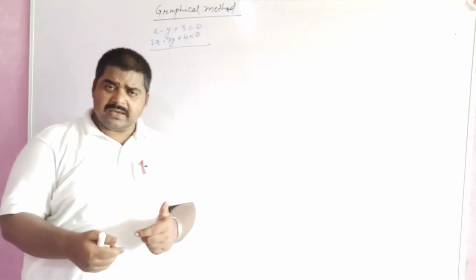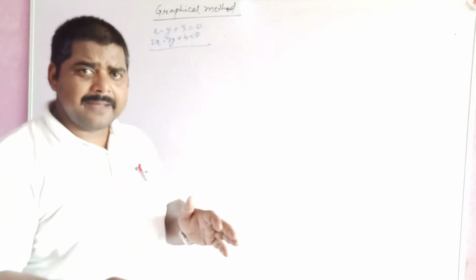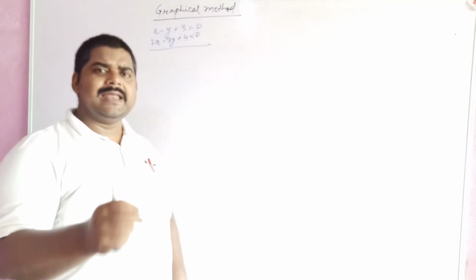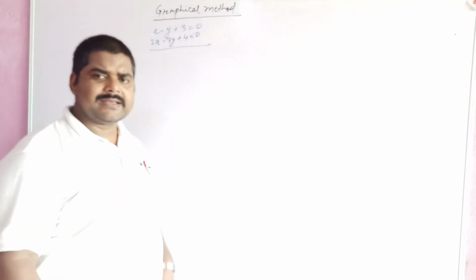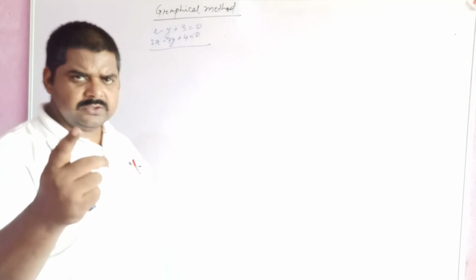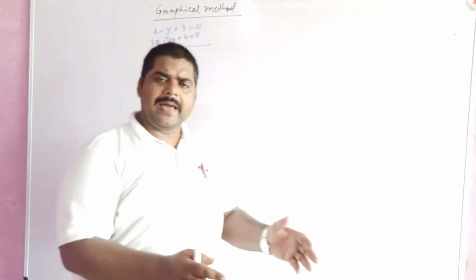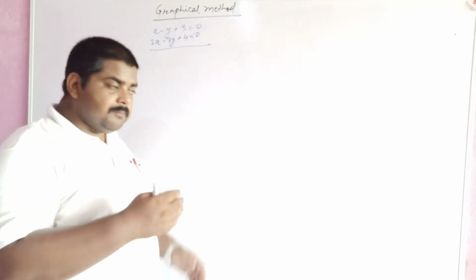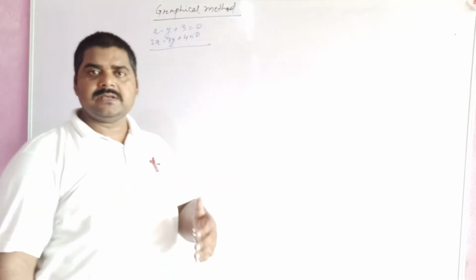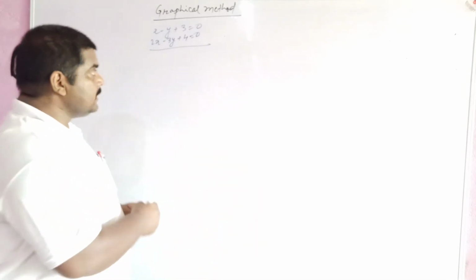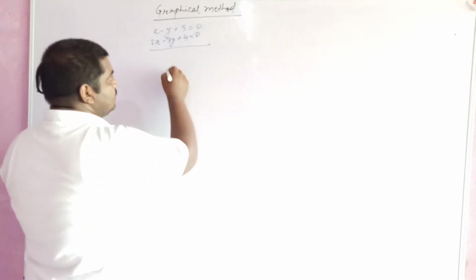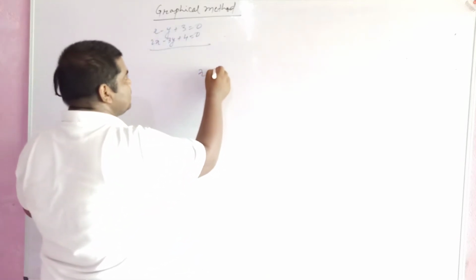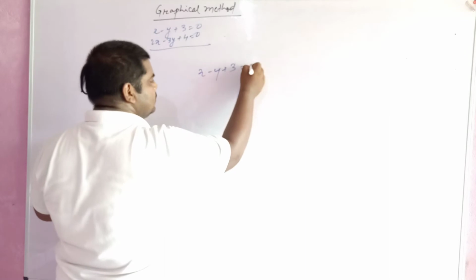By transposing, by rearranging, you have to find out the coordinates. You know very well that the value of x and the value of y you just have to find out, and by transposing you have to do that. I have taken the first one, x minus y plus 3 is equal to 0.